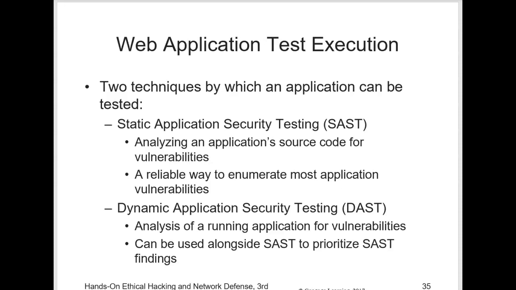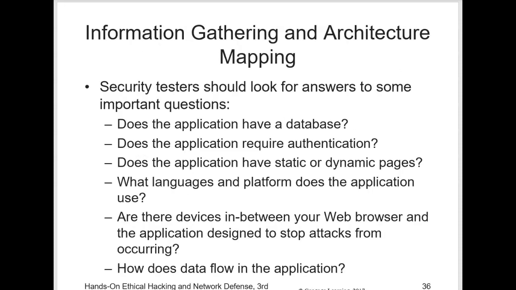It's a reliable way to enumerate most application vulnerabilities. DAST is an analysis of running applications, right? If source code is not available to the tester, DAST is all you're going to be able to perform. Okay, so an interesting conversation there. Be aware of that.